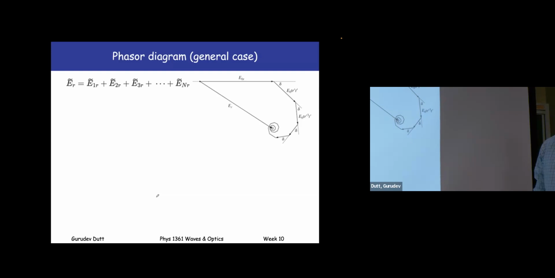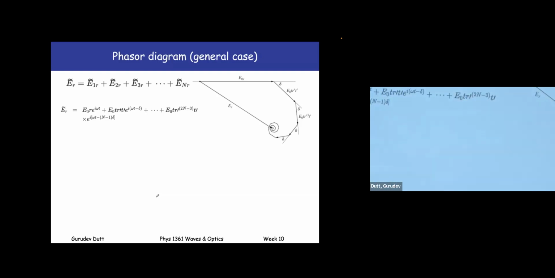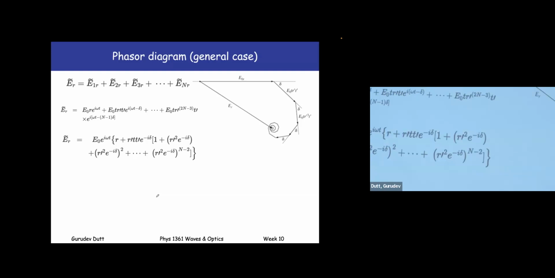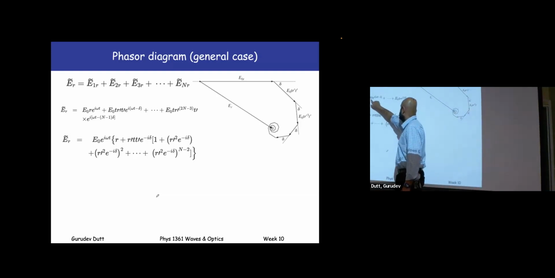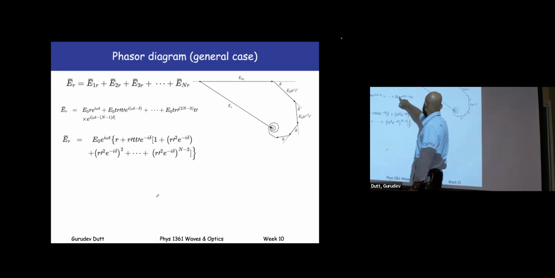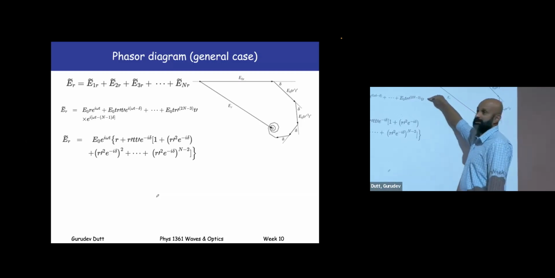So now we can do this. This is a geometrical picture. Now we can do the algebra of this picture. The first phasor is just E naught times R, and of course there's the e to the I omega t, or minus I omega t, which will be common to all of them. It doesn't matter for this particular situation. Every subsequent one has an extra amplitude, which we've already derived: T R prime T prime, T R prime cubed T prime, and then finally T R prime to the 2n minus 3 T prime.